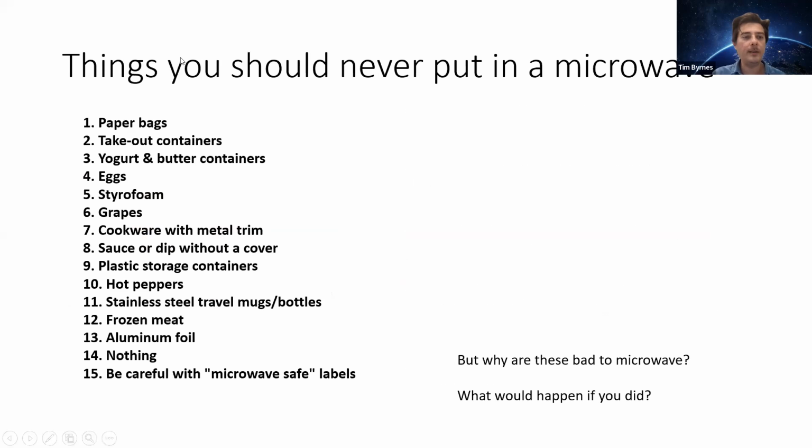Apart from metal in the microwave, there are all kinds of other things which you're not supposed to put in the microwave, such as paper bags, takeout containers, yogurt and butter containers, and eggs. This is another one: grapes.